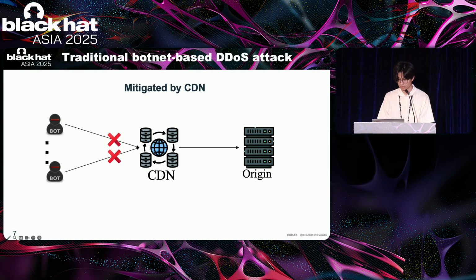This strong defense forced attackers to reconsider their strategies. Instead of attempting to overwhelm the CDN server, attackers have shifted their focus to exploiting vulnerabilities within the CDN, using it to launch attacks directly. This approach can bypass the CDN's DDoS defense.